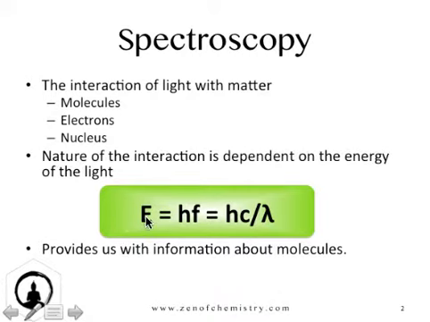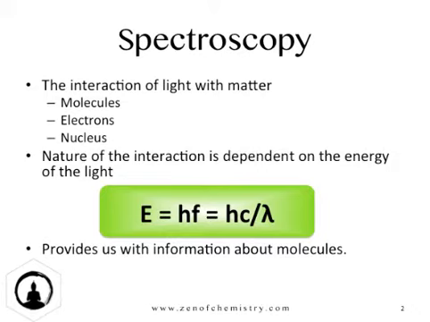Energy is proportional to frequency and inversely proportional to wavelength. So depending on the wavelength, we'll have a particular energy, which will have a particular type of interaction with matter. And the way we use this in spectroscopy is it provides us information about molecules.